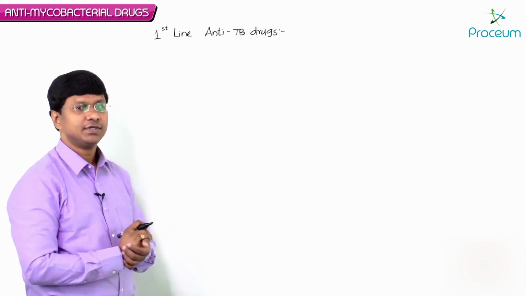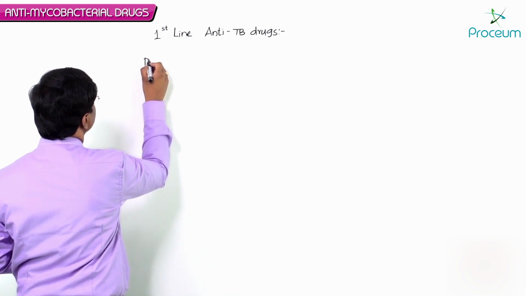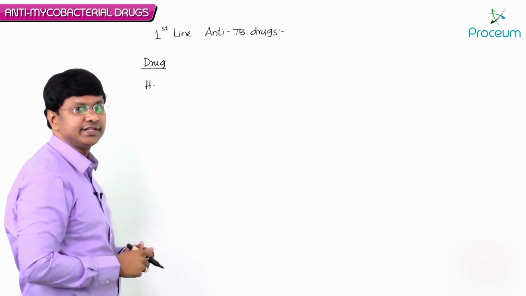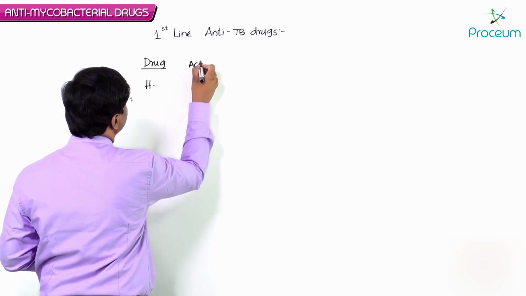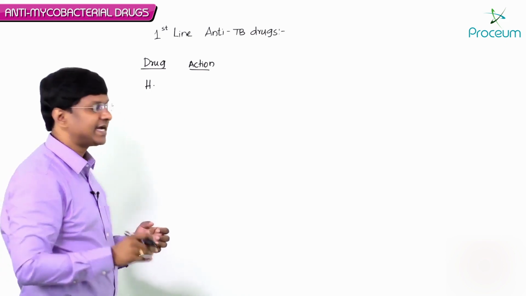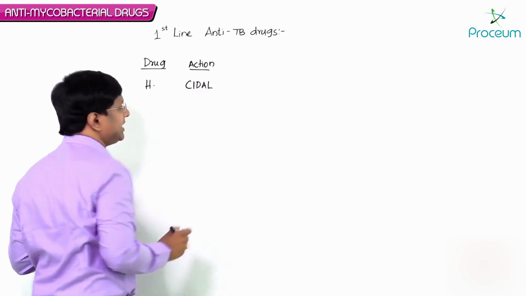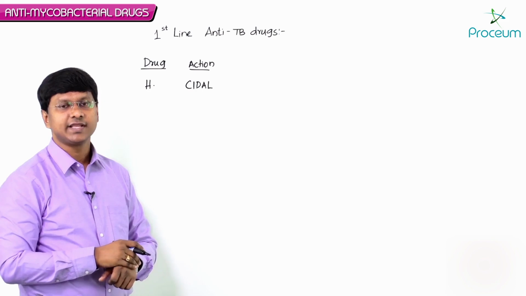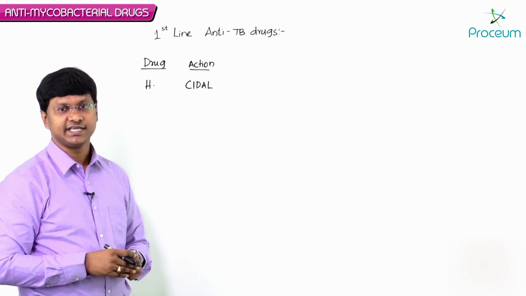First and foremost, isoniazid, represented as H. Isoniazid is a bactericidal agent in rapidly multiplying organisms, whereas in organisms which are not multiplying, in the resting state, it is a bacteriostatic agent.